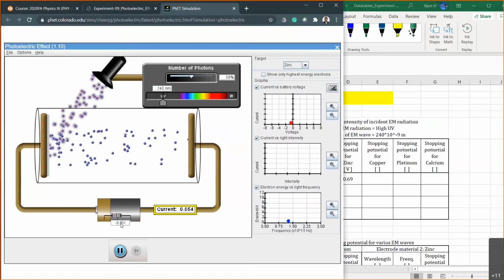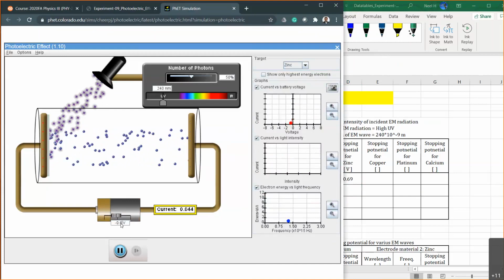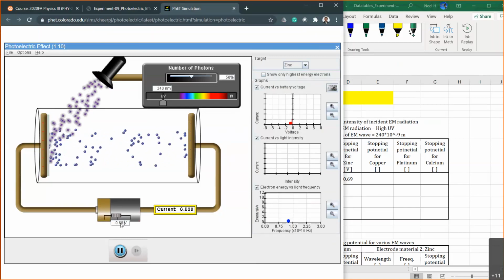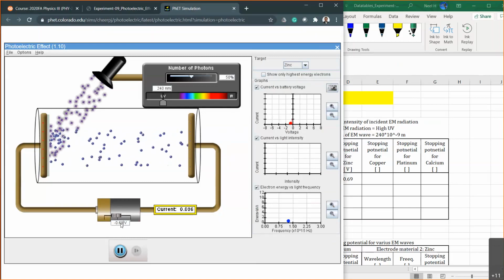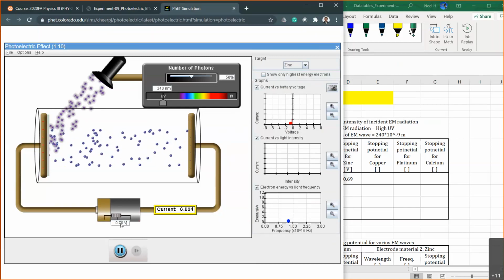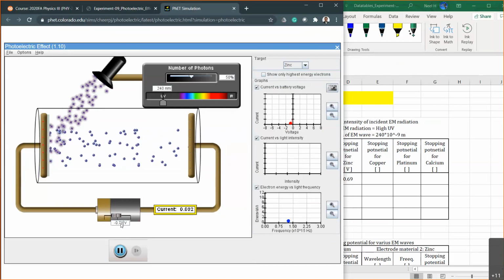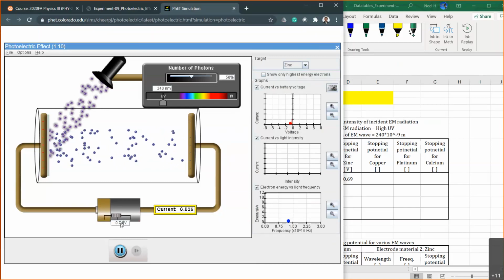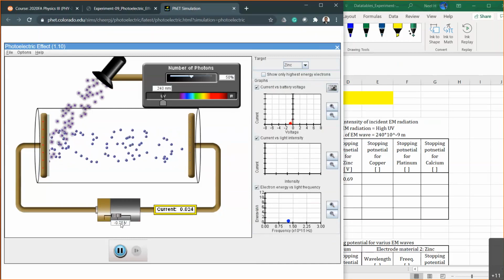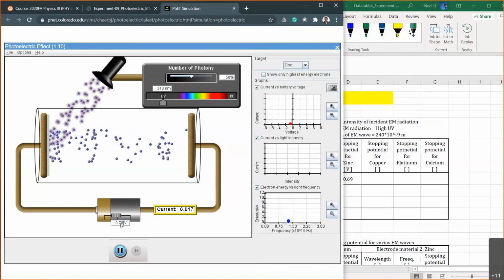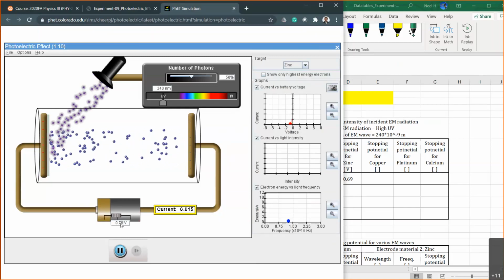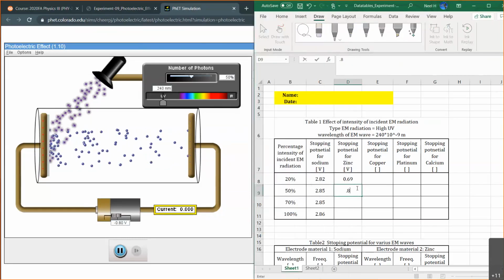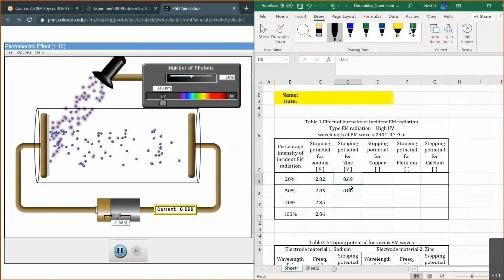Try 0.65, small value. 0.67, small value. 0.68, small value there, photocurrent. 0.69, still there, about 0.7, 0.71, 0.74, 0.75, 0.78, 0.79, 0.8 is 0. That actually has a little bit of effect there, almost like 0.1 difference.